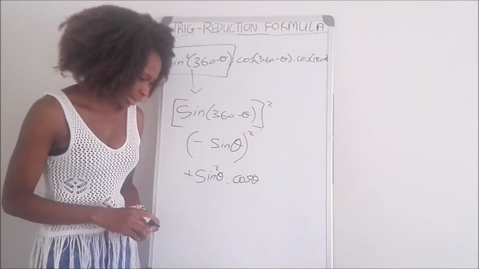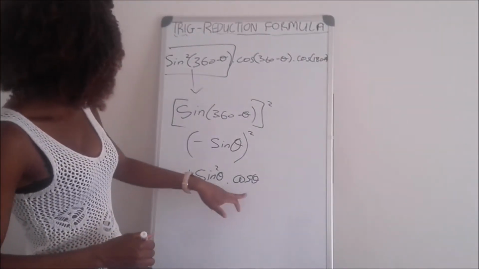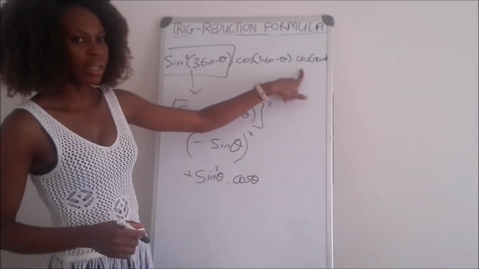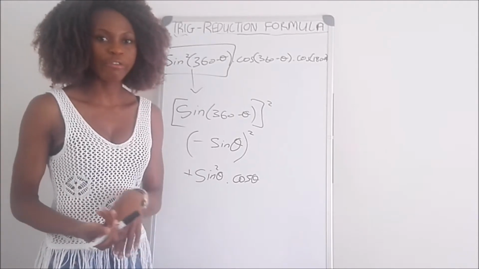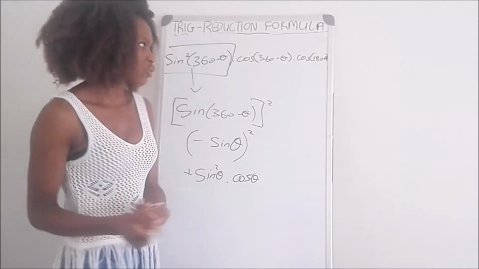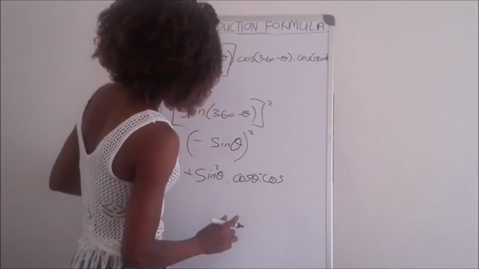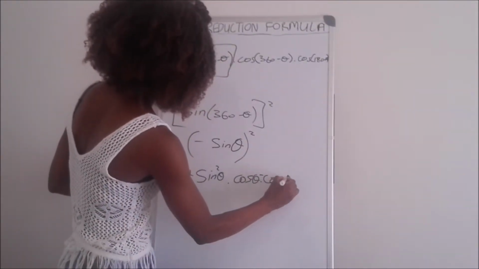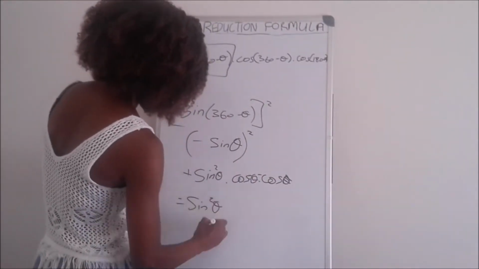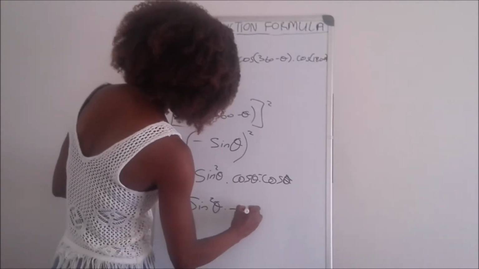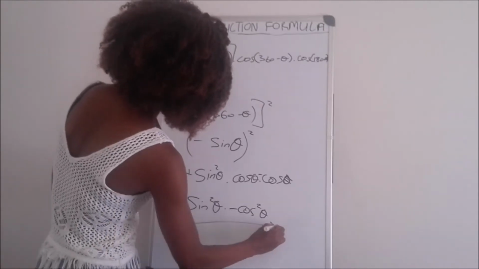Remember, cos is positive at the fourth quadrant, and 180 plus theta is actually at the third quadrant, of which only tan is positive at that quadrant. That means that we have cos negative, oh sorry, this is negative cos theta. Alright, now we have sine squared theta, and that one will be negative cos, multiplying this to negative cos squared theta. That will be our answer.